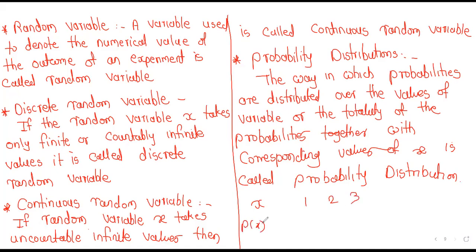Probability of x: total values of x are 3, so 1/3, then 2/3 and 3/3. Okay, so write down these definitions.